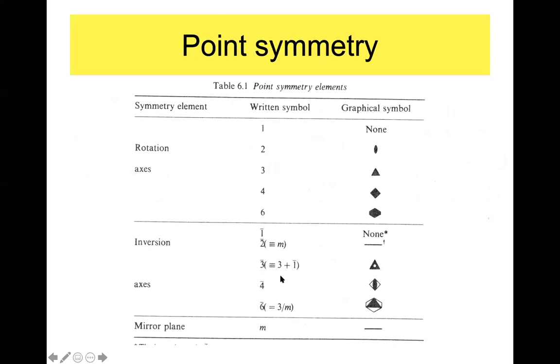This 3 bar is denoted by a triangle and a hole in it. If it is simply threefold rotation, it will be like this. But if it is a 3 bar, there is a center hole, which means center of symmetry: threefold rotation followed by center of symmetry. And 6 bar is denoted by 3 over m, not 6 bar. Perpendicular to the threefold rotation axis, you have a mirror plane. The mirror plane is denoted by a thick line.